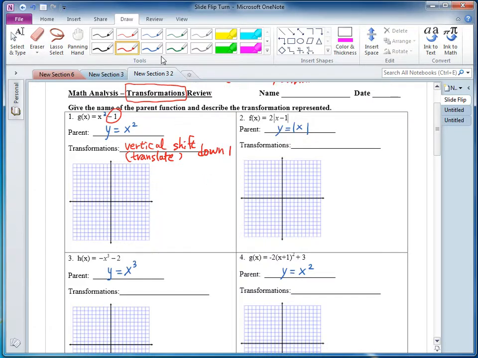Alright, so let's graph. The parent function of x squared, quadratic function y equals x squared, has points at 0, 0. 1 times 1 is 1, so 1 and 1. And 2 times 2 is 4, so another point is at 2 and 4.